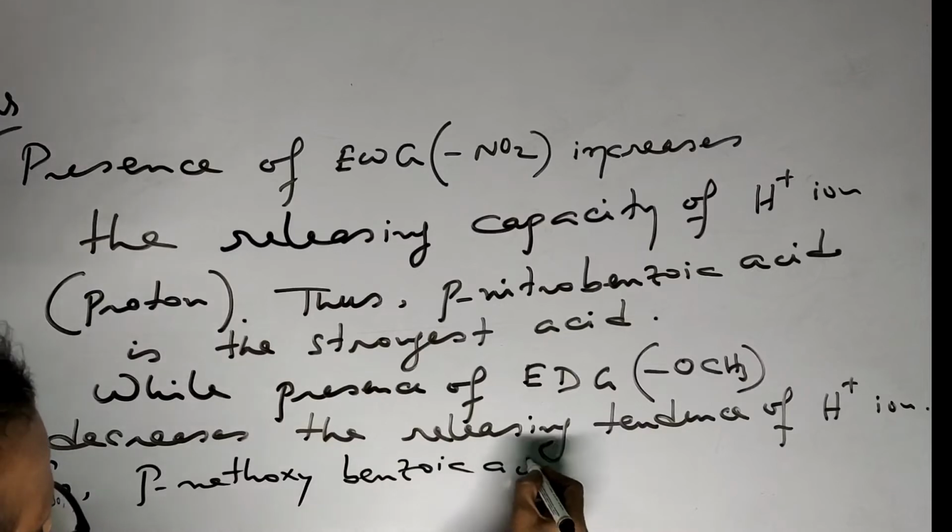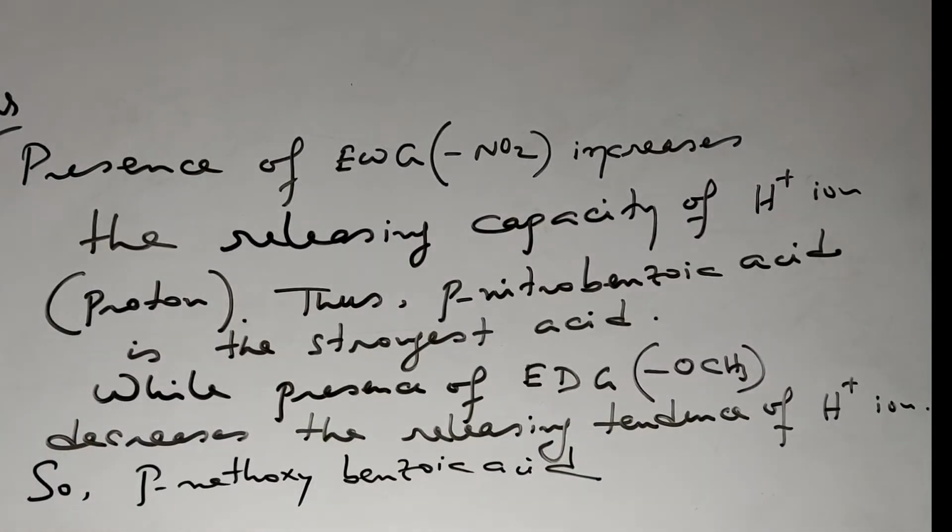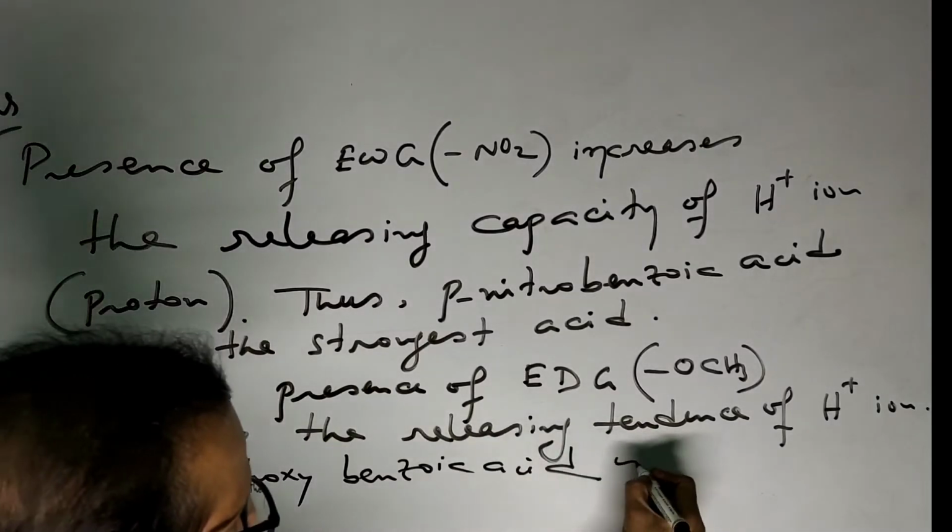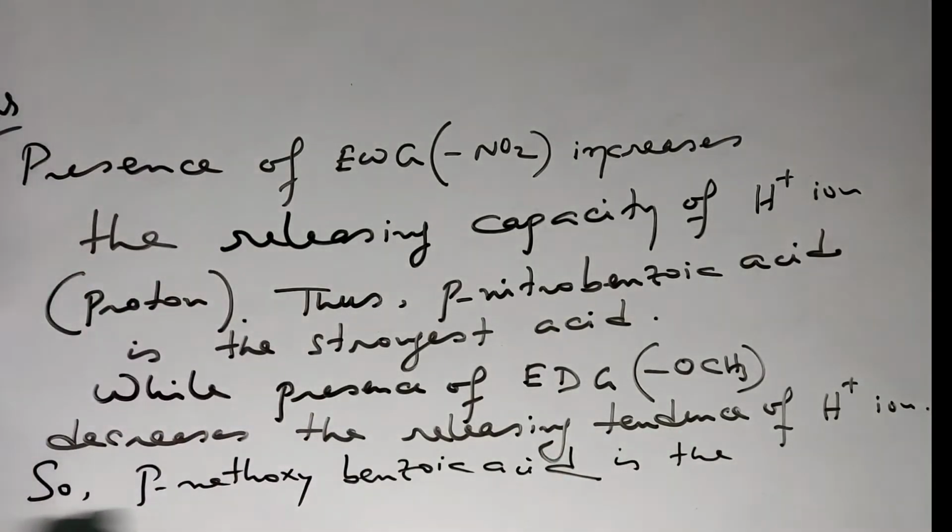So para-methoxybenzoic acid is the weakest acid.